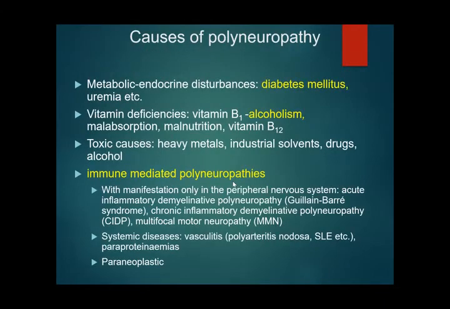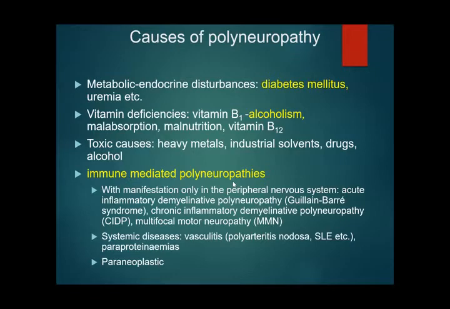Immune mediated with manifestation only in the peripheral nervous system like AIDP, GBS, CIDP and multifocal motor neuropathy. Systemic diseases like vasculitis, polyarteritis nodosa, SLE, granulomatosis, they do have their systemic manifestations accompanied. Paraproteinemias like multiple myeloma and Waldenström macroglobulinemia, they can have neuropathy as part of the disease, and paraneoplastic neuropathies.